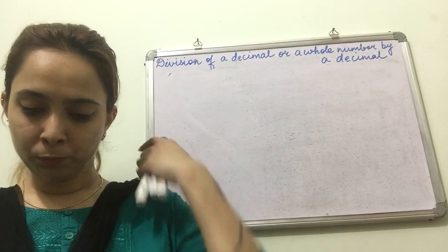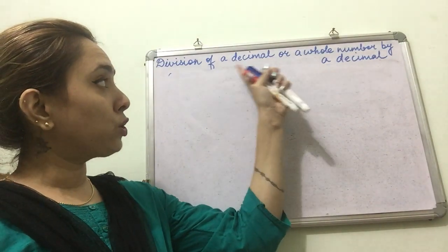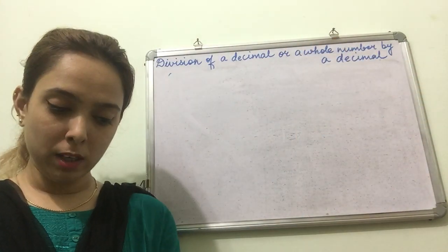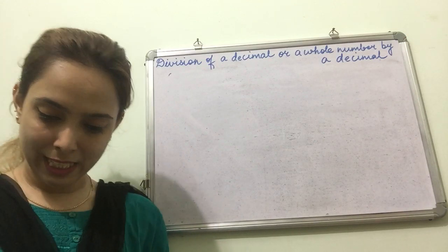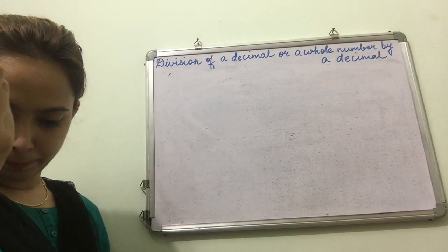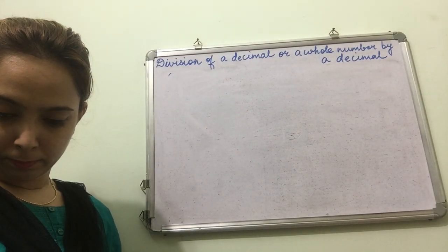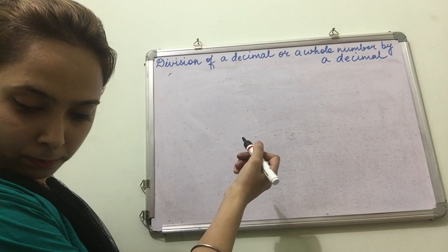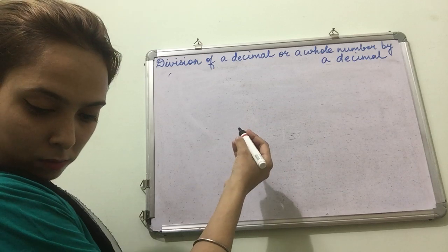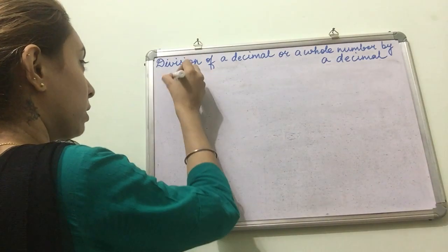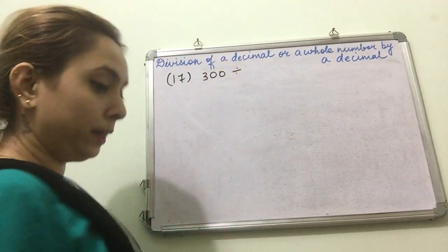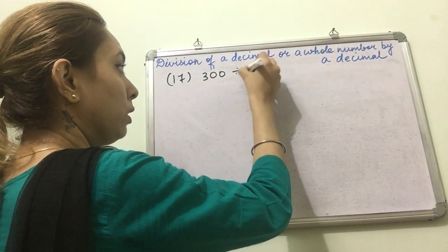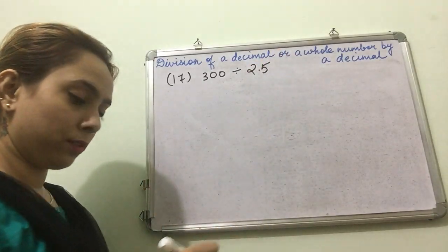Let's take division of a whole number by a decimal. Let's take question number 17. 300 divided by 2.5.